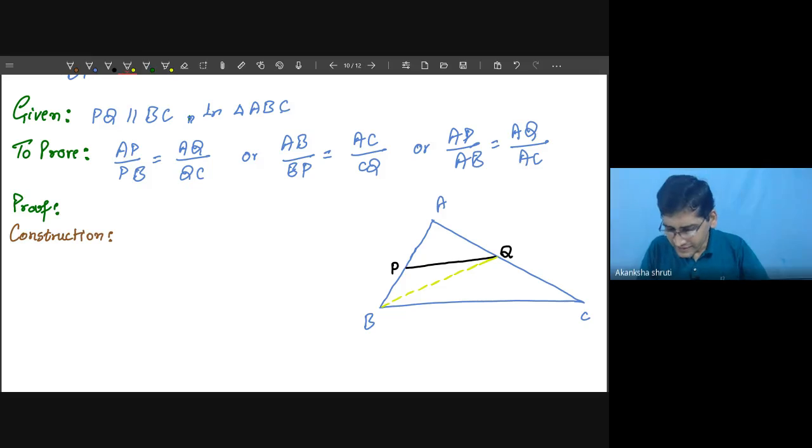So if we consider the triangle PQB with side PB, then we need its perpendicular from Q over BP. Okay, student? For that we have to draw the perpendicular from Q over this AB.